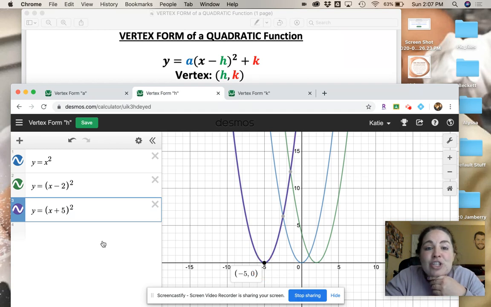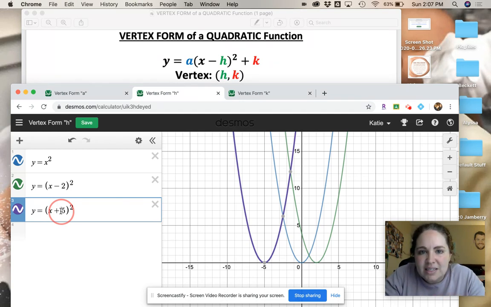So here is the trick, and this is in your notes for you as well. The sign that you see in your equation goes to the opposite side of the graph. So I have plus 5, which really moved my graph left 5.